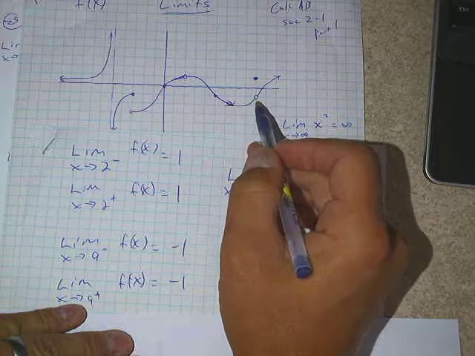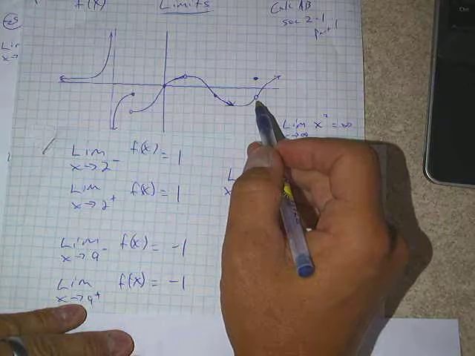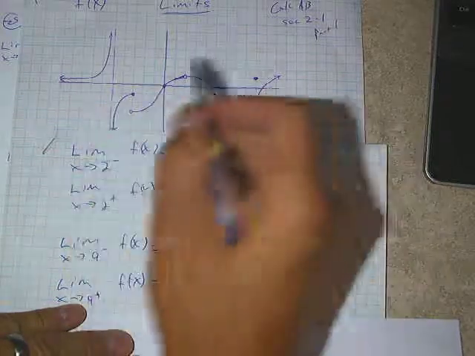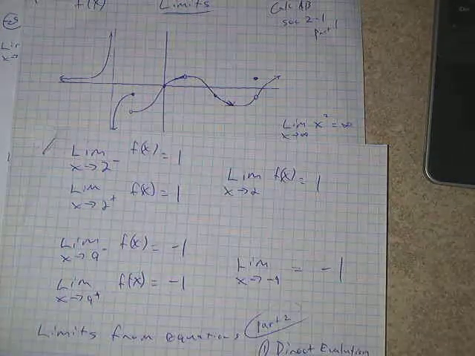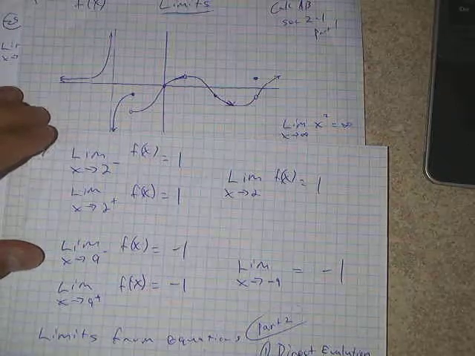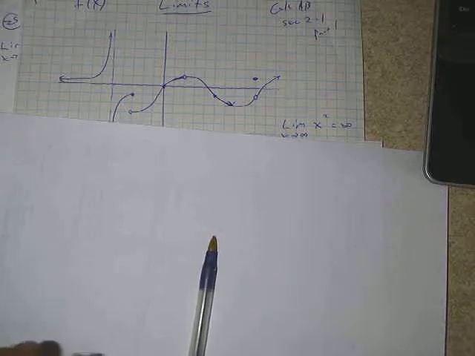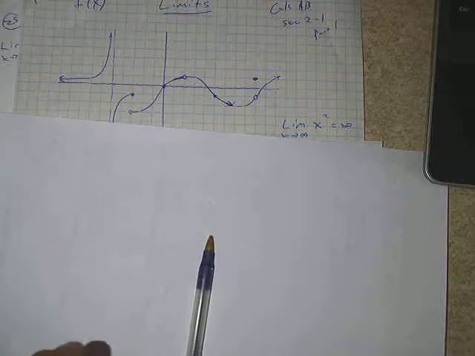Even though there's a hole here, and actually a point defined up here, is the curve approaching this point? No, it's approaching this right here. It's approaching the hole. So we still say that the limit is -1 here. There's going to be a little bit more that we're going to discuss with this later when we deal with continuity. But for now, all we're concerned about is limits.